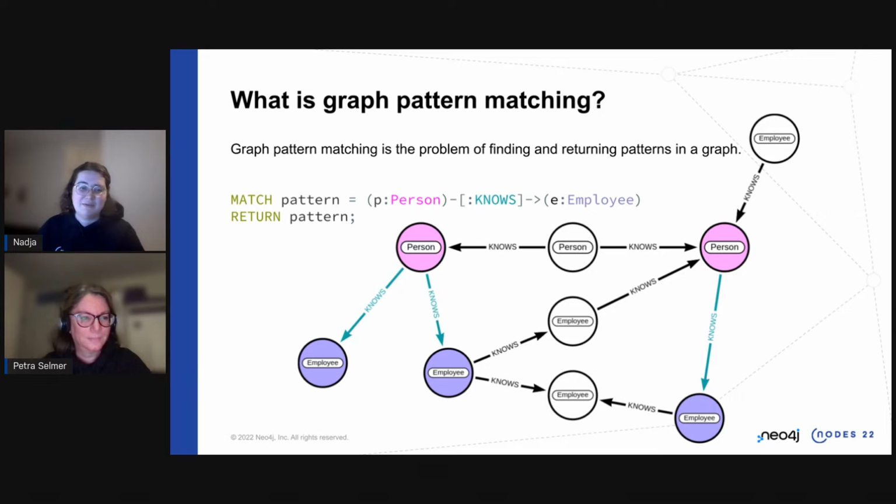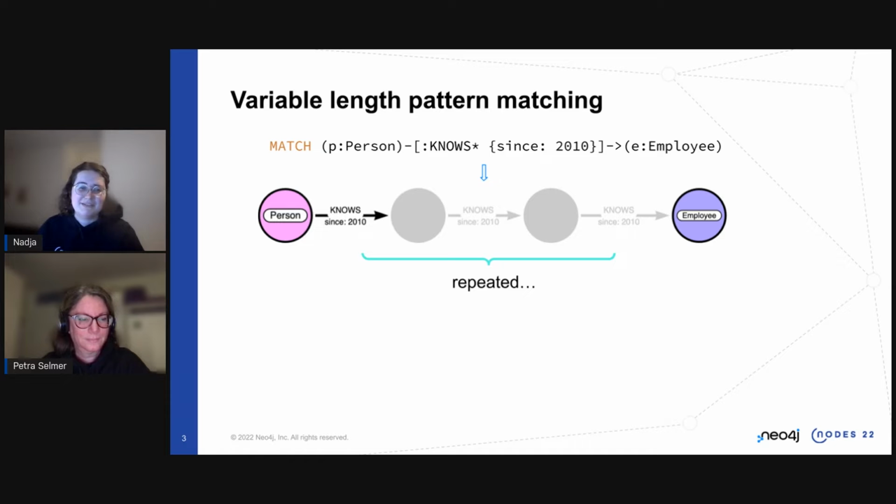There are, however, more complex patterns that we probably want to match as well. And one of the examples of the more complex patterns that we support is our variable length pattern matching. Here you can see an example of where you would like to repeat an edge. And in this case, you want to find a path from person to employee, but we don't know exactly how many relationships are in between those, and there might also be intermediate nodes.